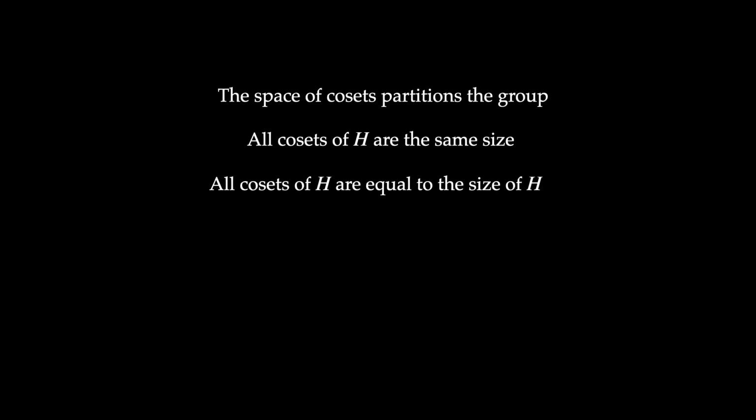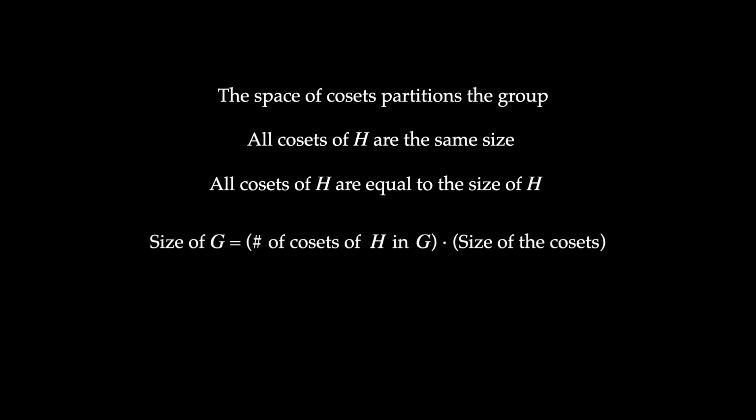So when we think about this, it means that the size of G is equal to the number of cosets of H in G times the size of all of these cosets. And we can think about this for a second, and you can see that it makes sense.